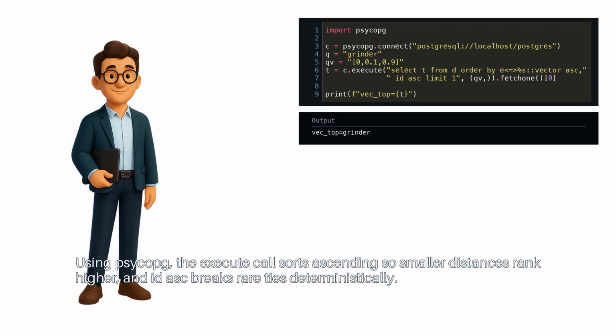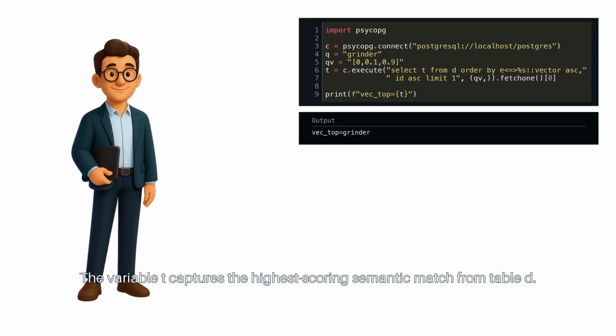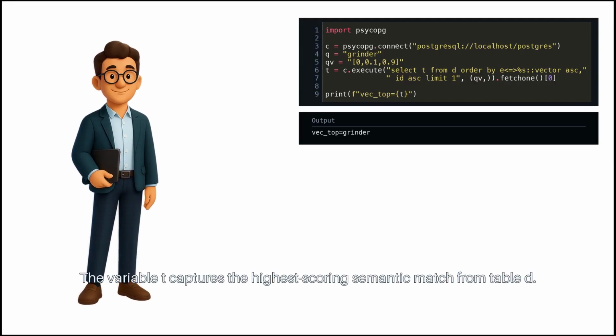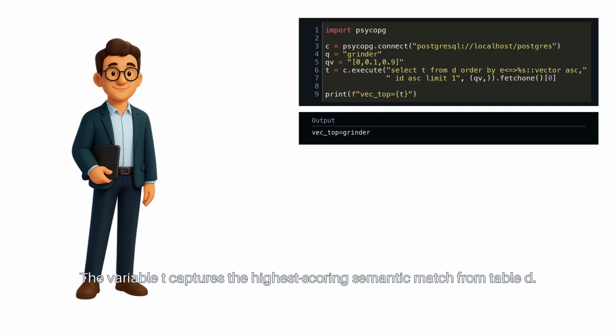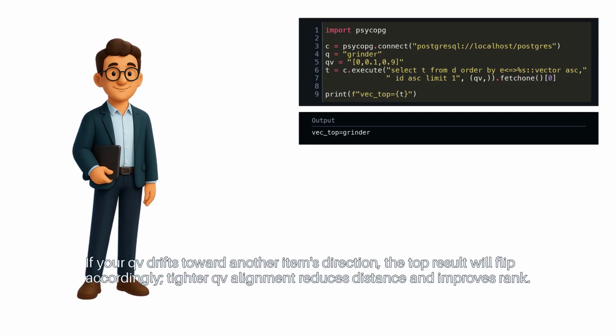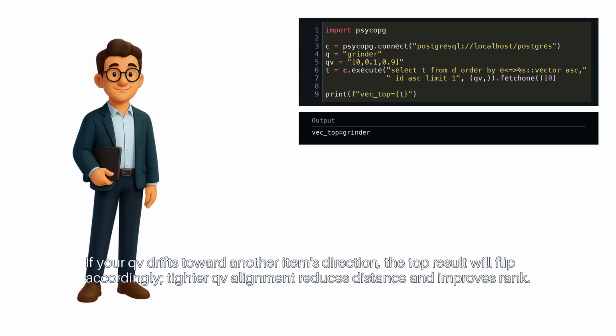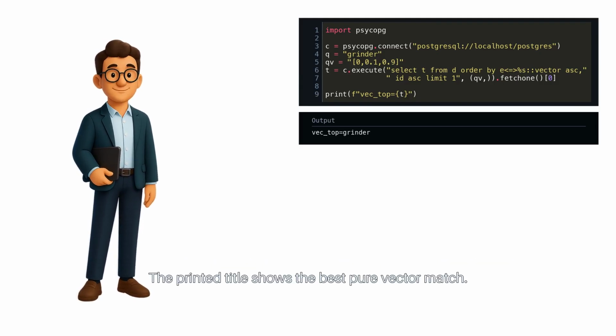And ID ASC breaks rare ties deterministically. The variable T captures the highest scoring semantic match from table D. If your QV drifts toward another item's direction, the top result will flip accordingly. Tighter QV alignment reduces distance and improves rank. The printed title shows the best pure vector match.